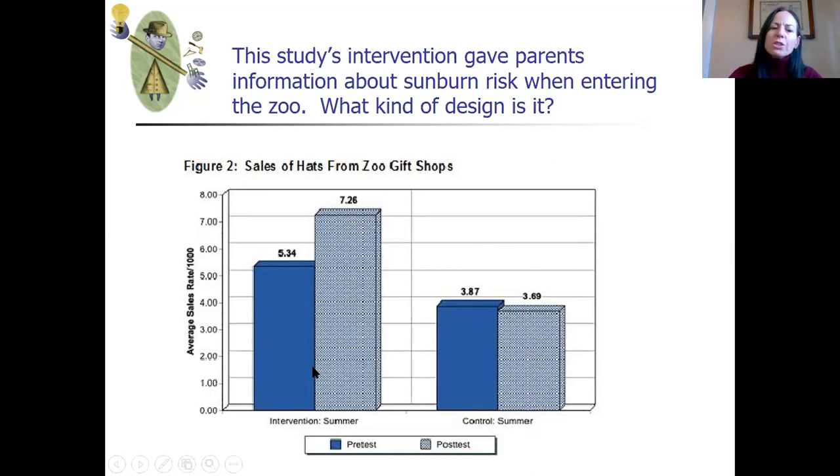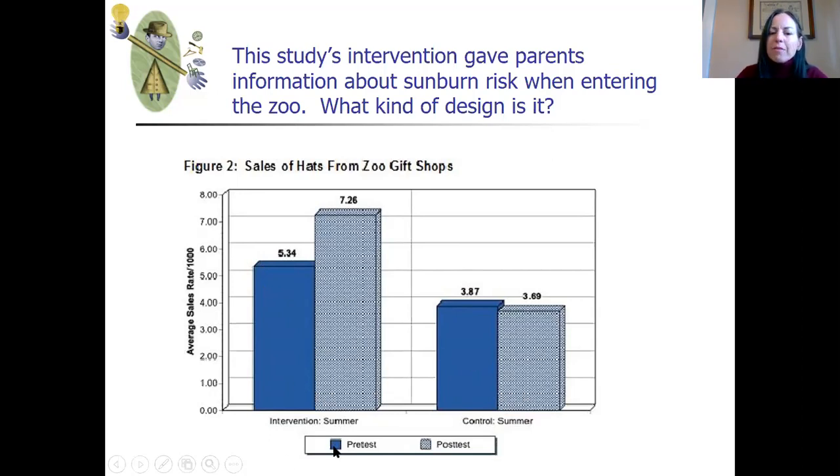So let's take a look at what was happening. Initially we had one group that was warned about sunburn risk, one group that was not warned about sunburn risk, so we have an intervention group. These people got information about sunburn. These people got no information about sunburn. And then we did a pre-test, prior to giving any information about sunburn. These guys were buying hats a little bit more than these guys, right?